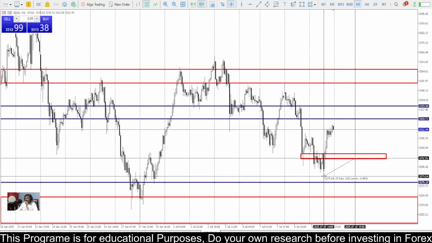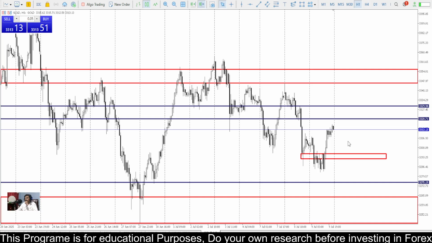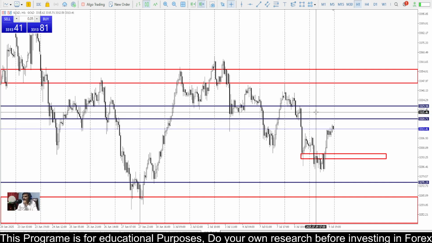It can also give a loss of around 150 pips, right? So overall, I will first observe this 33.29 and 33.20 on the H1.